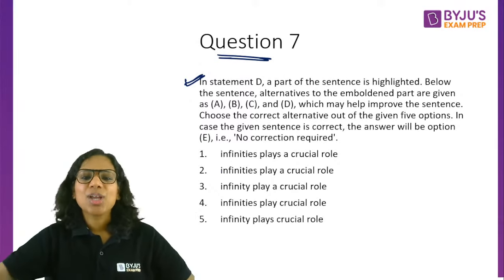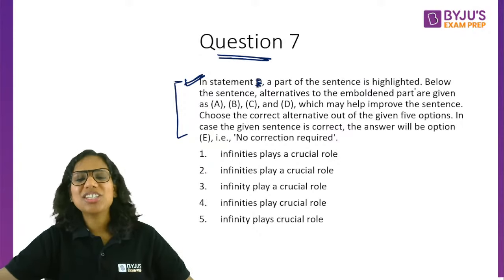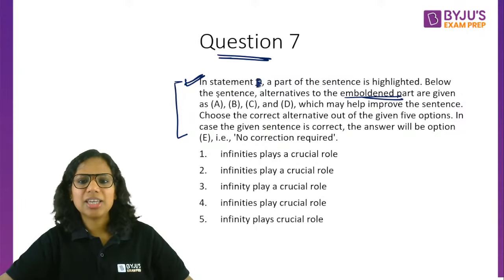Let's proceed. So here's a grammar question based on the first sentence. It says in the first statement, a part of the sentence is highlighted. Below the sentence, alternatives to the highlighted part are given as A, B, C, and D, which may help improve the sentence.